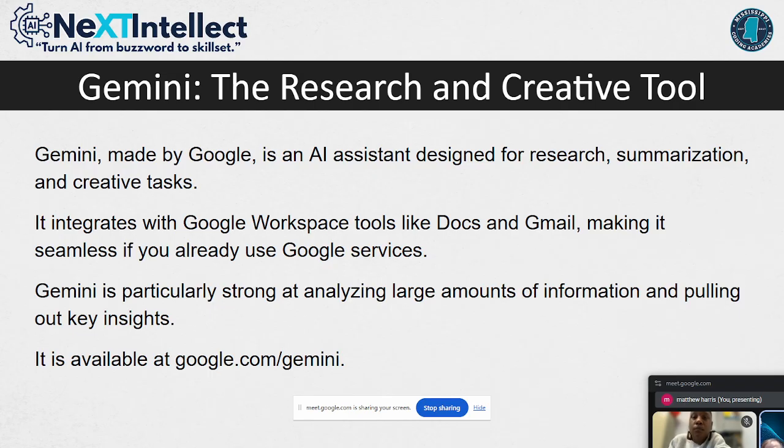Now it's strong for research, summarization, and creative tasks. It does image generation as well, and for a while it was beating ChatGPT, which we said uses Dall-E.